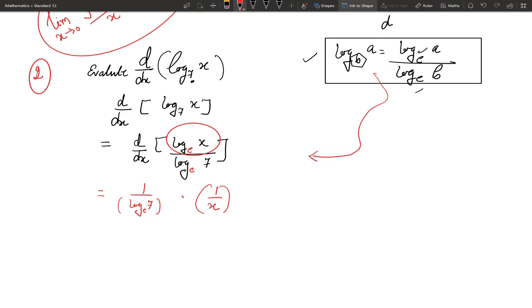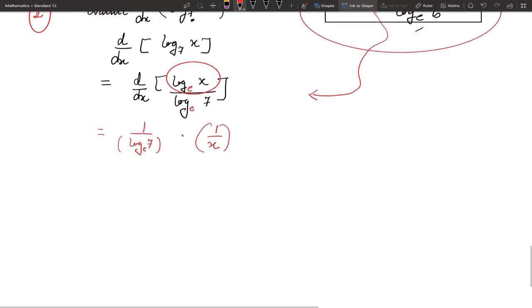So whenever you differentiate a function containing log, always check the base. If base is e, then d by dx of log x is 1 upon x. Otherwise, using this formula, first you change the base, then you differentiate.